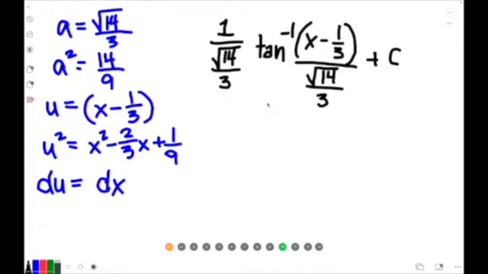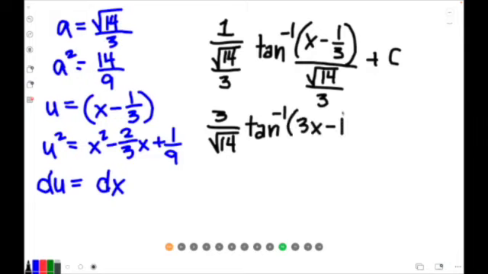So what we're going to do, let's write it down as, so the 3 goes up, and this is square root of 14, the arctangent, the 3 goes up, so this would become 3x minus 1 all over the square root of 14 plus c. So since we will now rationalize it, we will multiply it by square root of 14 over square root of 14. So this one would be 3, the square root of 14.